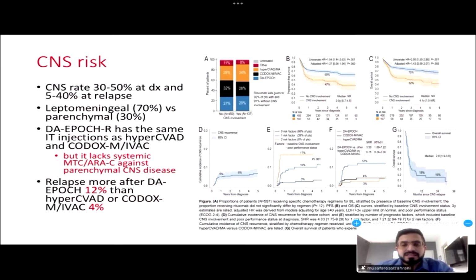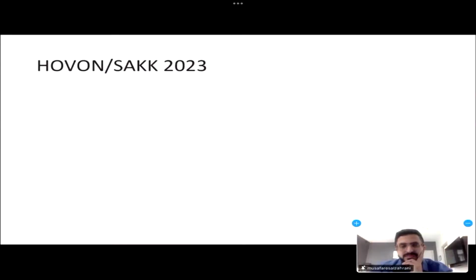This is supported by some retrospective studies that showed the risk of CNS relapse is higher while using dose-adjusted EPOCH-R as compared to MIGRATH, almost a 2-fold or 3-fold increased risk of CNS disease after dose-adjusted EPOCH-R. So this is a concern.